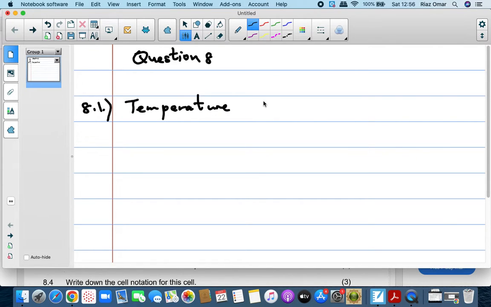Temperature must be 25 degrees Celsius and the concentration must be 1 mole per dm cube.